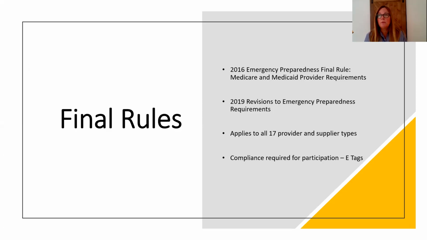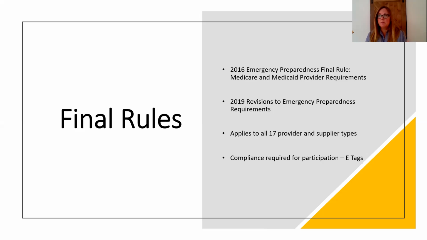Just as a little bit of a reminder, the final rules for emergency preparedness came out in 2016. I think that final rule was put into place in September of 2016. And then there were some additions, deletions, and some edits that were done in a revision to emergency preparedness requirements in 2019.